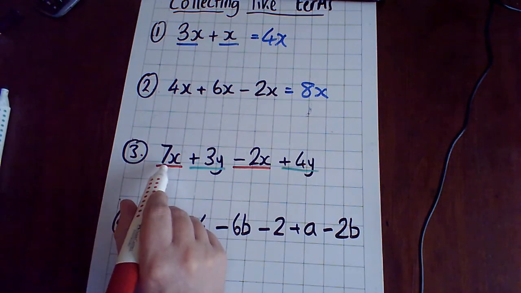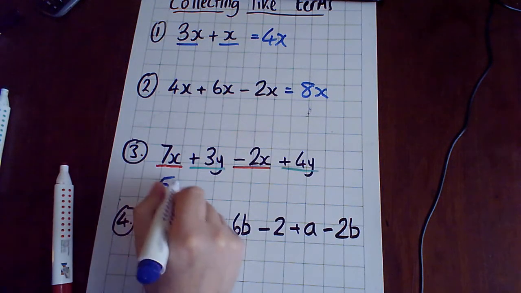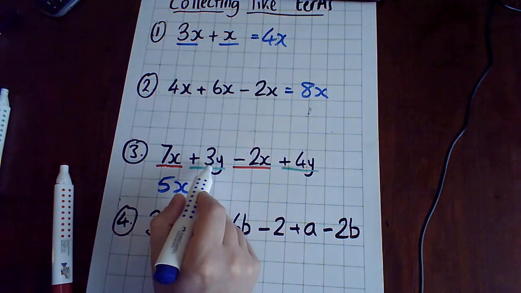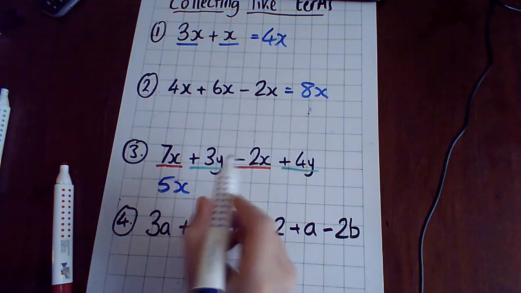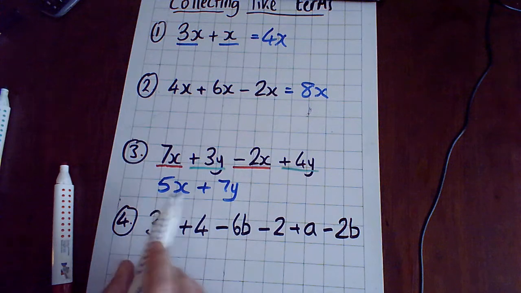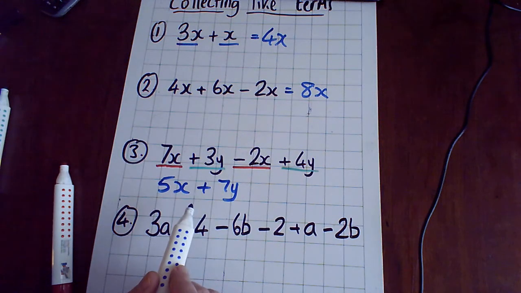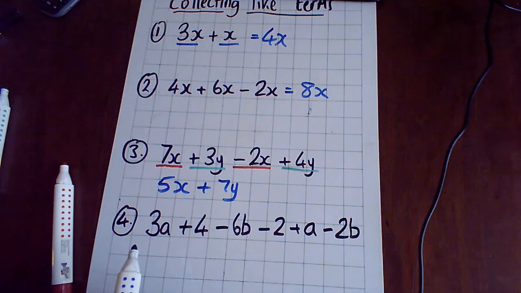So 7x take away 2x is 5x. And 3y plus 4y is plus 7y. We are unable to add these two things together because they are not like terms. So you just leave it as 5x plus 7y. Okay?